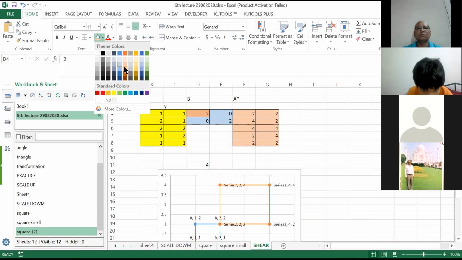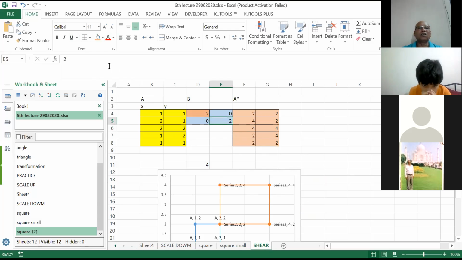This is the diagonal element. You can see that there are 4 elements. This main diagonal, these are called main diagonal elements. These main diagonal elements are for scaling. It can scale up or it can scale down. Any number other than the main diagonal is called off diagonal. Blue color, these two cells, are called off diagonal.